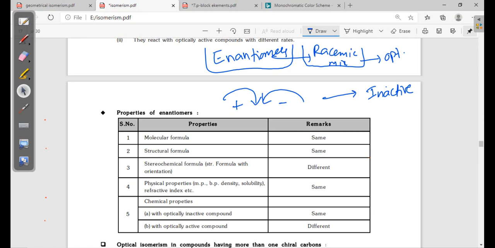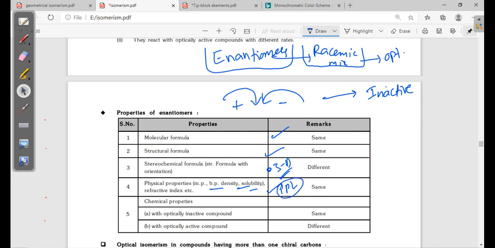Next, molecular formula is same for enantiomers, structural formula same, stereochemical formula is different. Stereochemical formula means 3D structure, that is different. Physical properties, melting point, boiling point, density, solubility, these all are same except plane polarized light. Except PPL, remaining all are same.